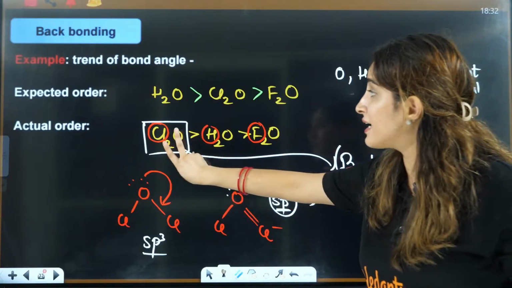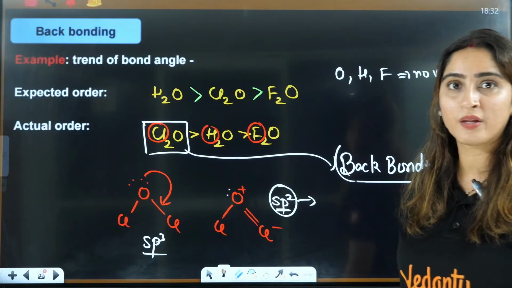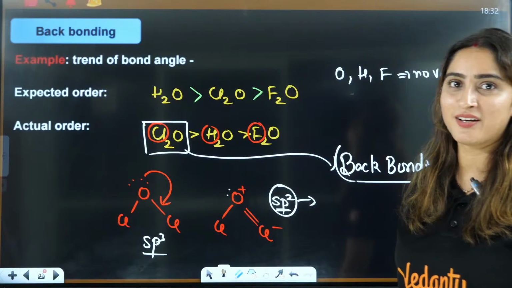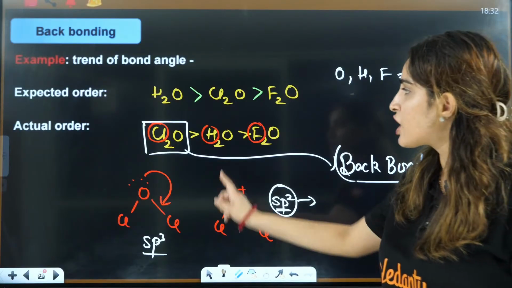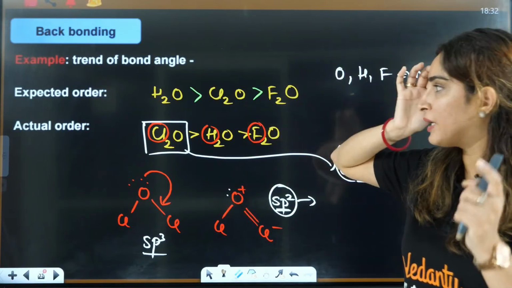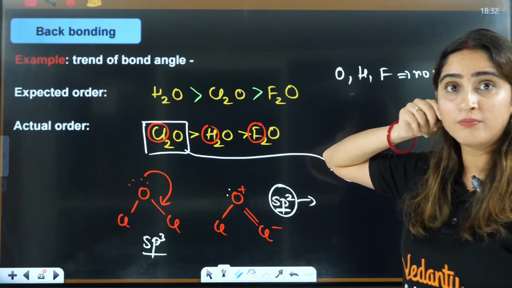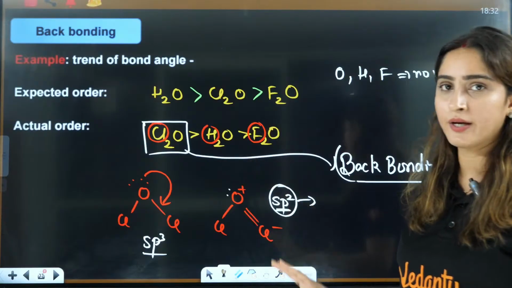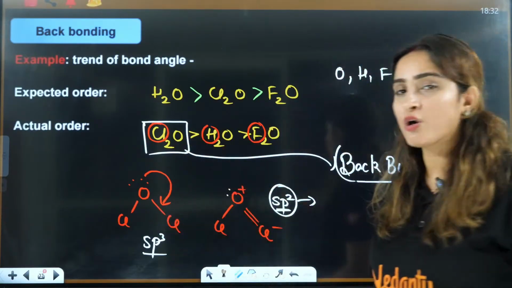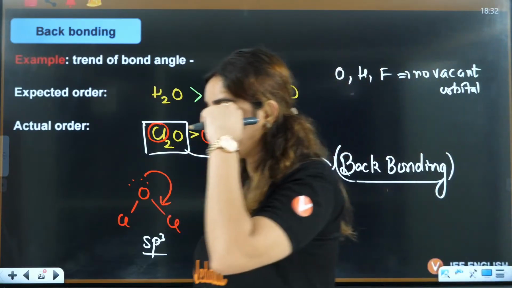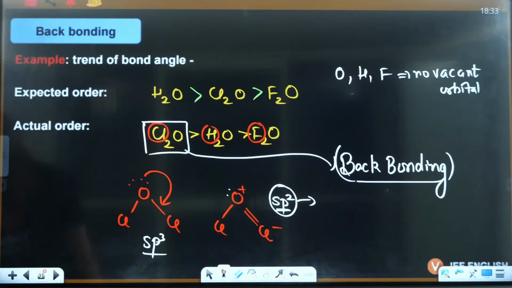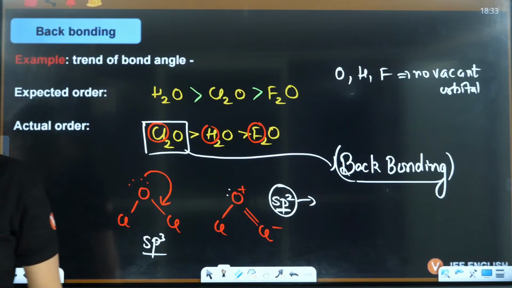But if you compare Cl2O and H2O, then things will change here. According to that theory, the more the electronegativity, the less should be the bond angle, but it's not so here. Basically it's because of back bonding that things are changing here. Okay? Right, everybody? Is that clear? Yes, students? Clear?